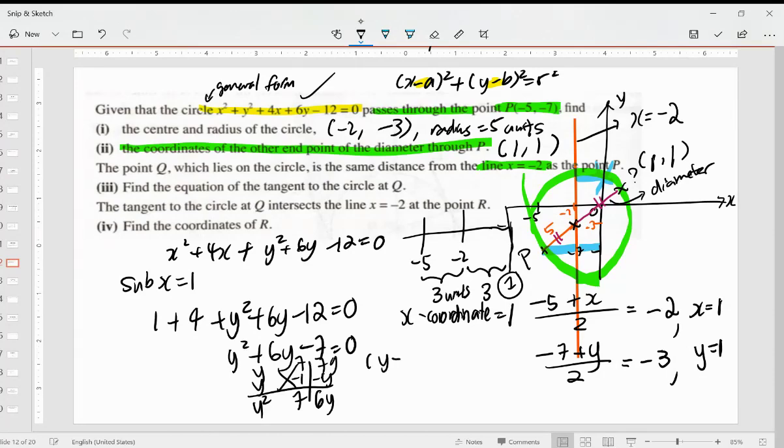So I have (y plus 7)(y minus 1). So I get y equals -7 and 1.